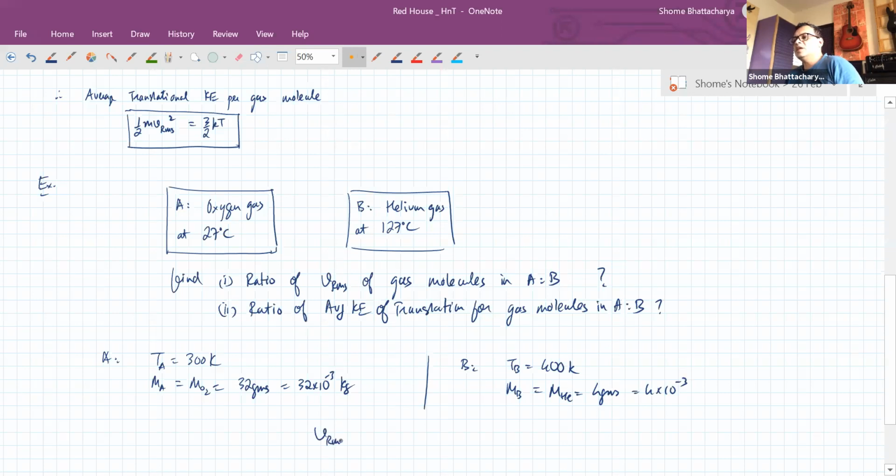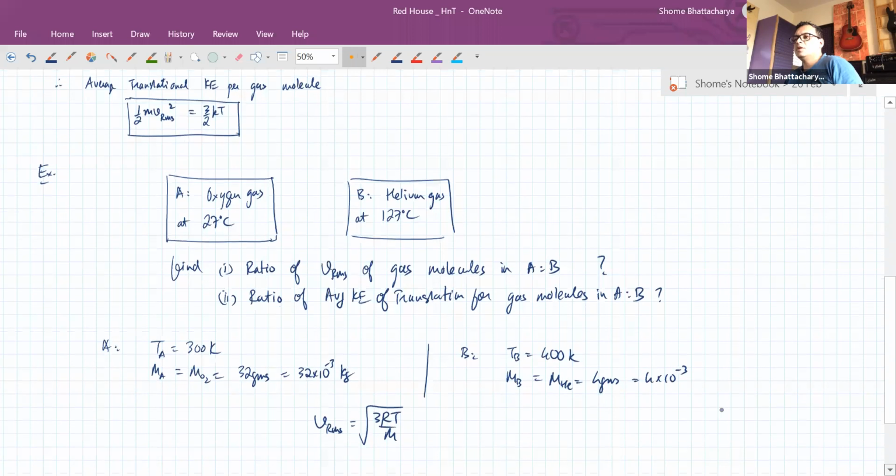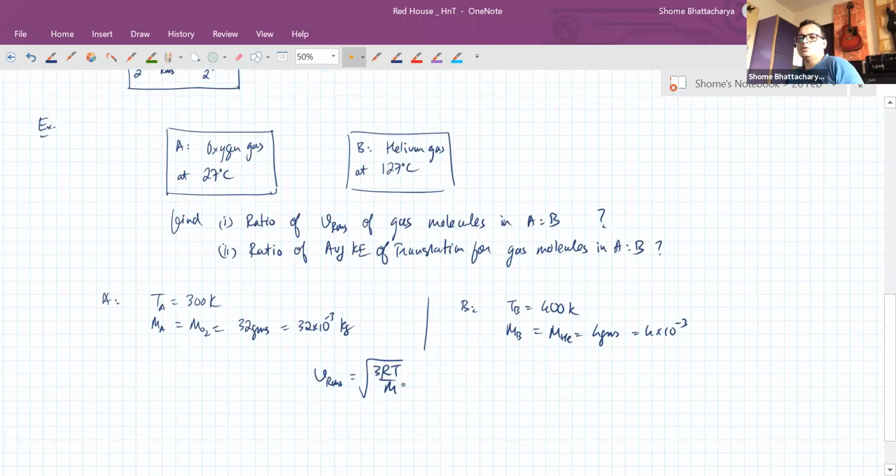So using the formula of V RMS first, this is the appropriate formula because we don't know the volume and pressure, but rather we know the temperature and molecular masses. So we can see that the ratio of RMS velocity in A is to B will just become square root of TA by TB into MB by MA, right? Just substitute this.